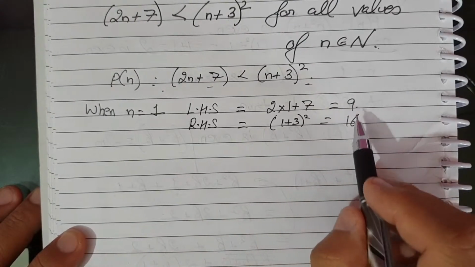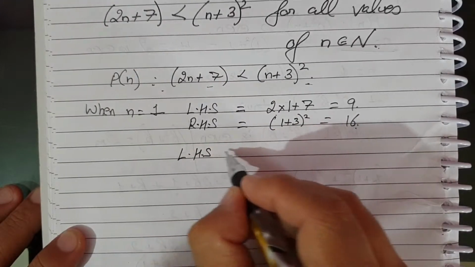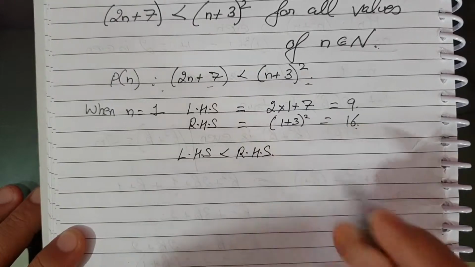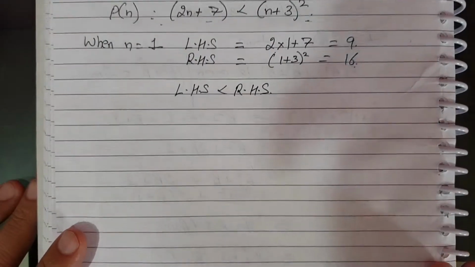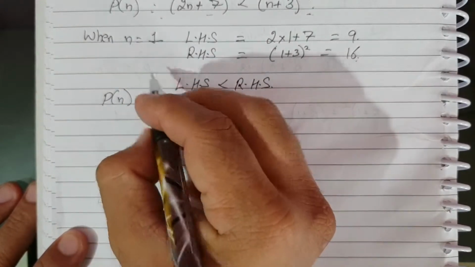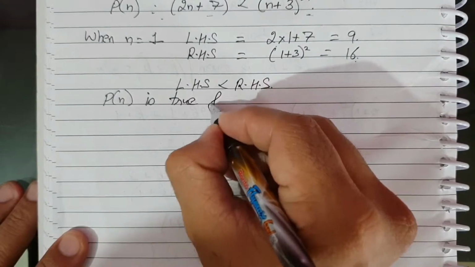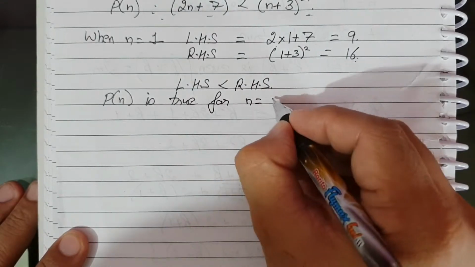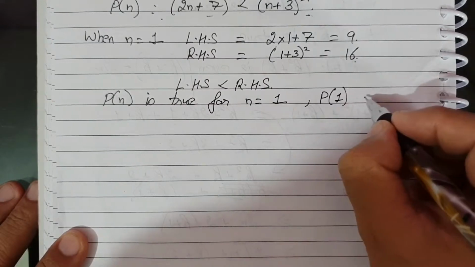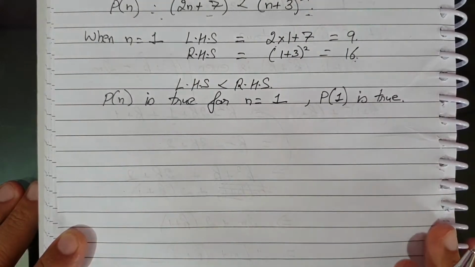So we know that 9 is less than 16. So LHS is less than RHS. The statement Pn is true for n equals 1, that is P1 is true. So this P1 is true.